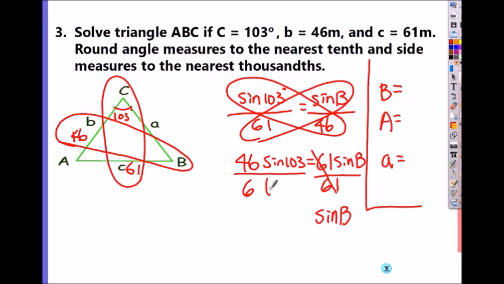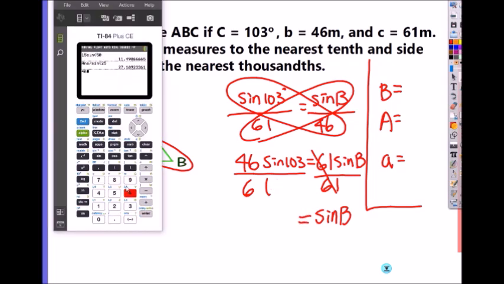So here, we're going to use the exact answer, but still you can give me the rounded answer for the next step. So 46 sine of 103, press enter. Divide by 61. Gives me 0.735.